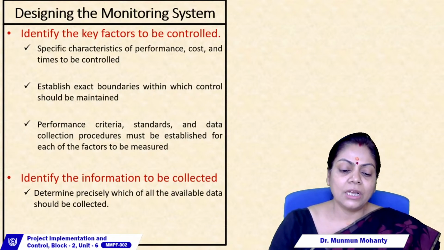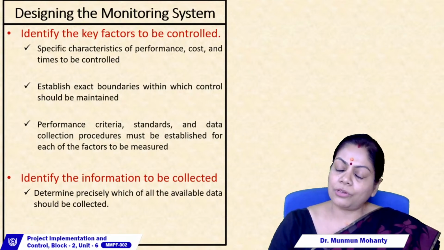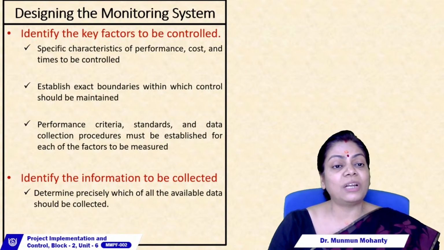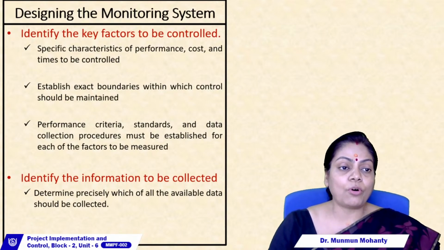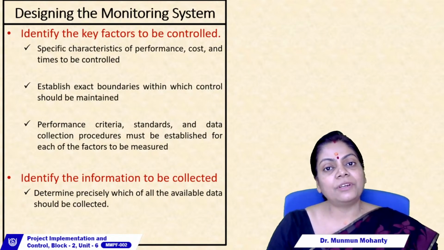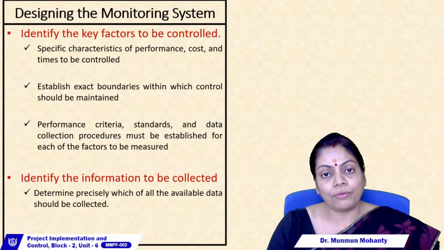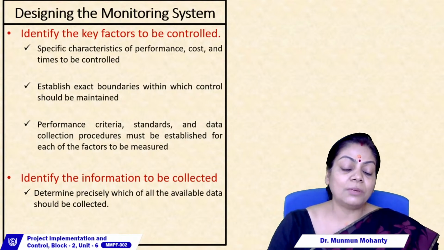Monitoring has to concentrate primarily on the various measurement aspects of performance, of cost, and of time. But because the cost aspect is very visible, you will only focus on time and cost, and you will not focus on the performance. So the basic monitoring system will fail.